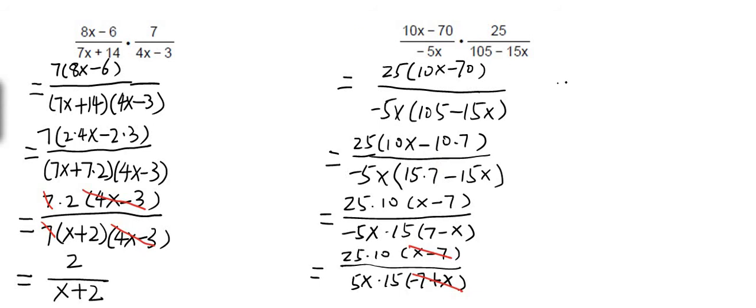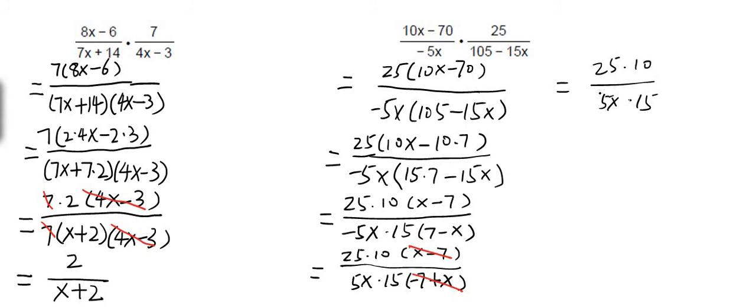And then we have what? We have 25, 10, and 5x, and 15. Okay, now we can factor the 25, and we know 25 divided by 5 is what?